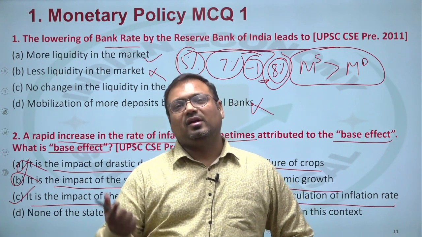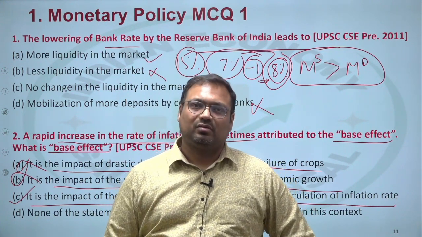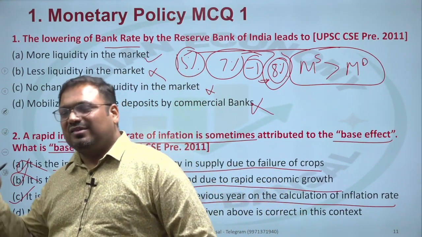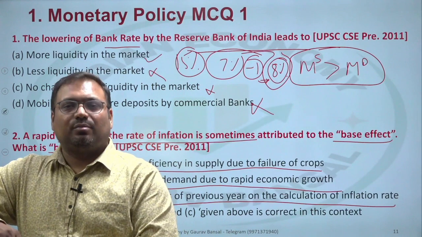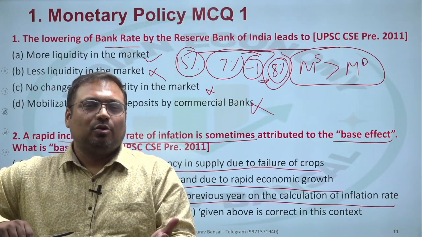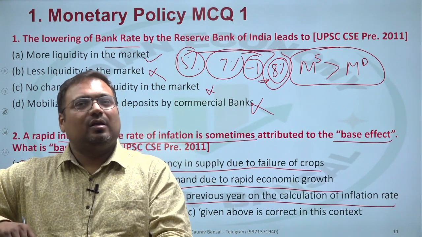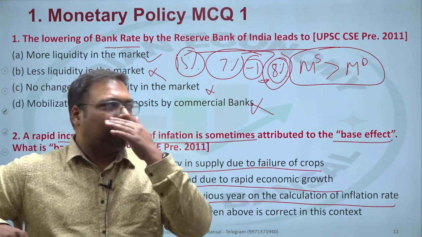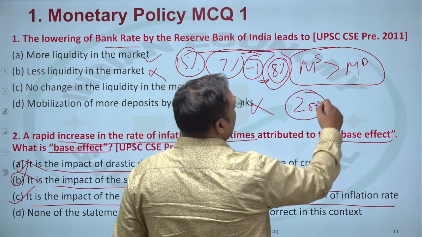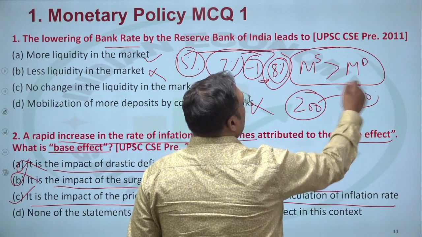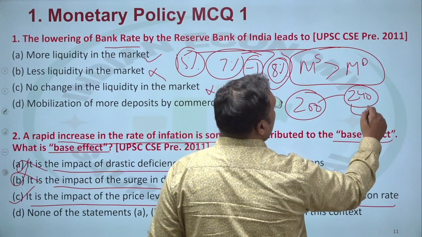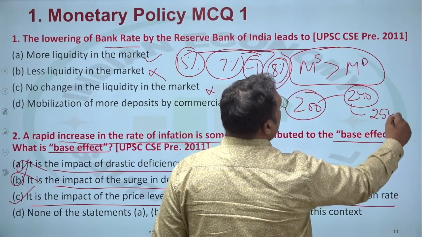If last year we had 20% inflation and we have 10% inflation this year, we can't say that inflation is falling very fast, because we already had a very high price rise last year. Let us say something was available for 200 rupees. Last year its price became 240. This year again the price rises by 10%. Now it is 10% of 240, so the price will rise to 264.